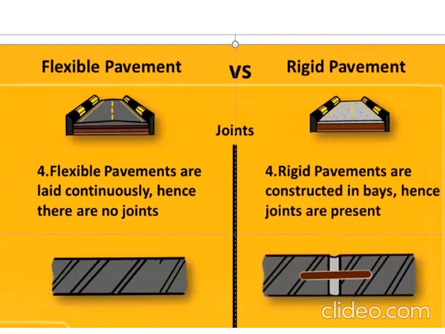So in this scenario, what I mean to say is, we are talking about joints that don't mean the construction joint, and don't include the transverse joint. When we talk about rigid pavements, there is one specific type in which joints are necessary, but there are rigid pavements that don't need a joint as well.